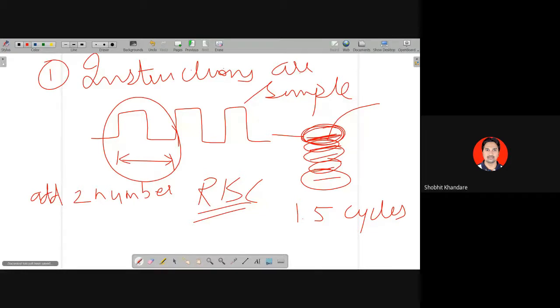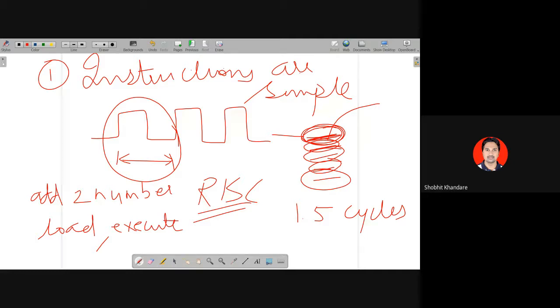Your CPU will take the two numbers from the memory. Then the CPU will load those two numbers from the memory to the internal register. So what is happening? You will first load, then you will execute.